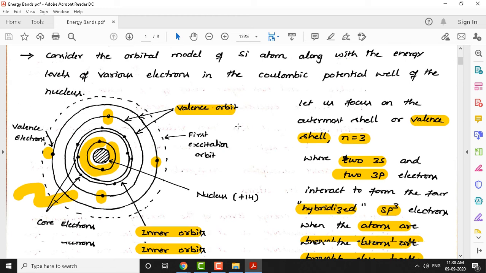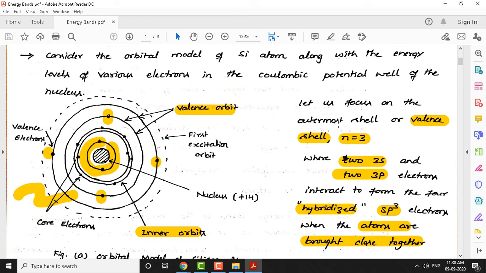Here, the outermost shell is called the valence shell, where the energy level n is equal to 3. So this is the energy level n equal to 3. This shell and this level form the valence shell, or you can call both of them the valence orbit.